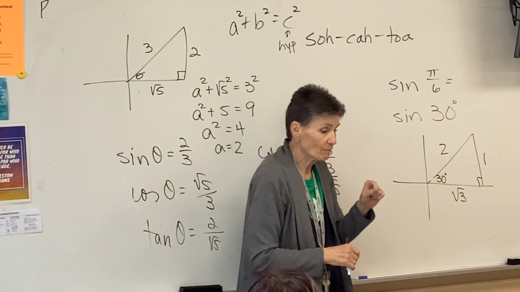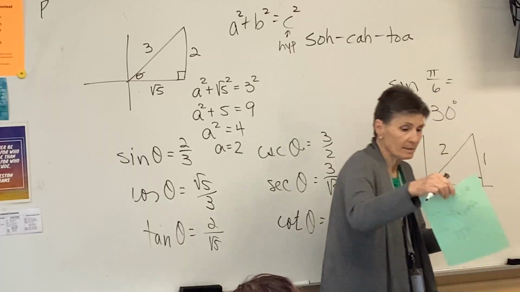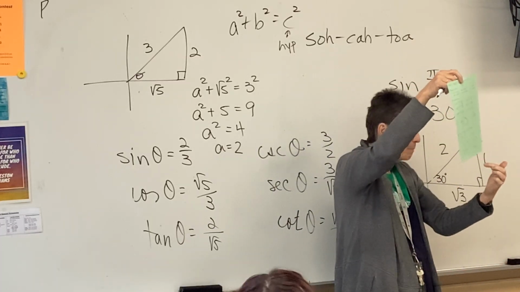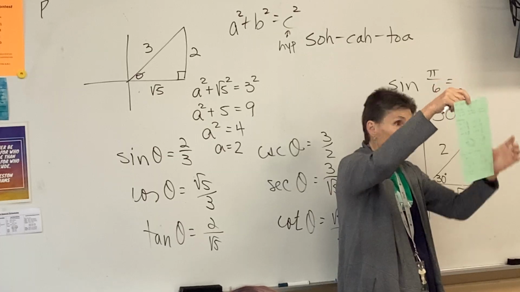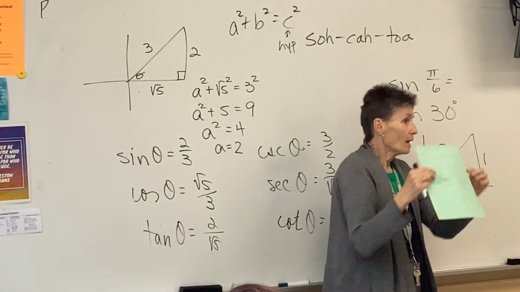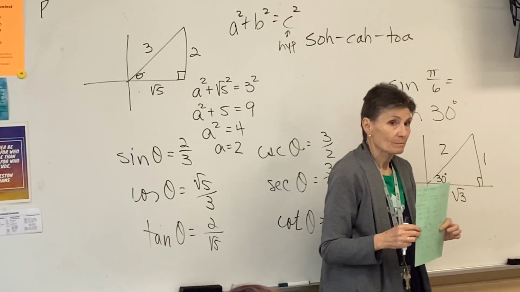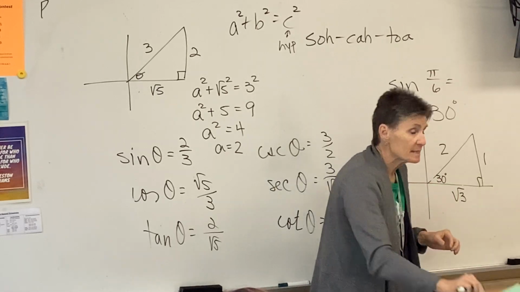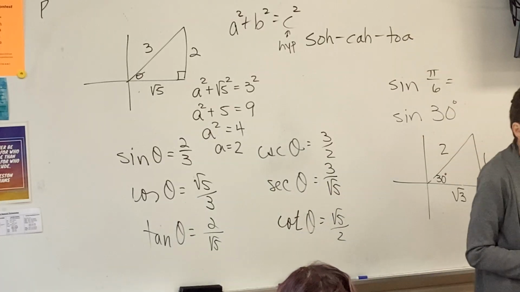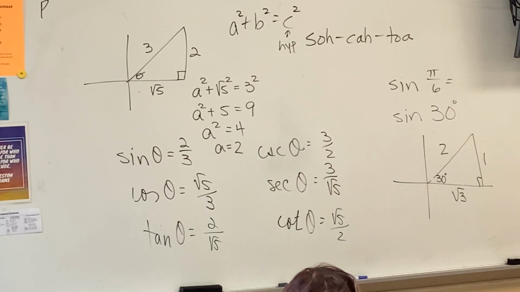Those numbers never change. And if you look at your green sheet down at the bottom, on the sheet that says memorize, I got it down there. That will never change. If your triangle is 30, 60, 90, the 30 gets a 1, the 90 gets a 2, and the other one's root 3.